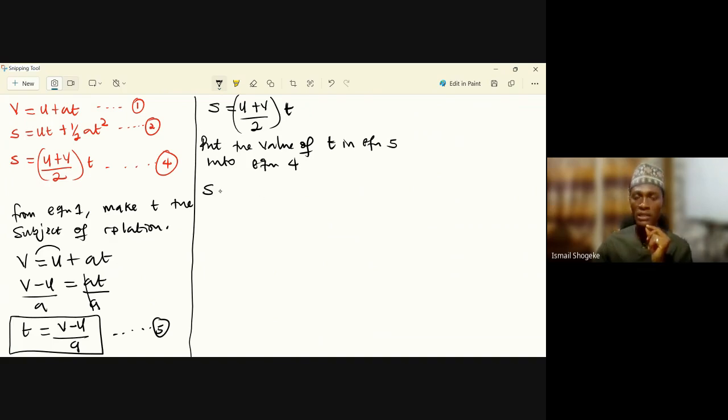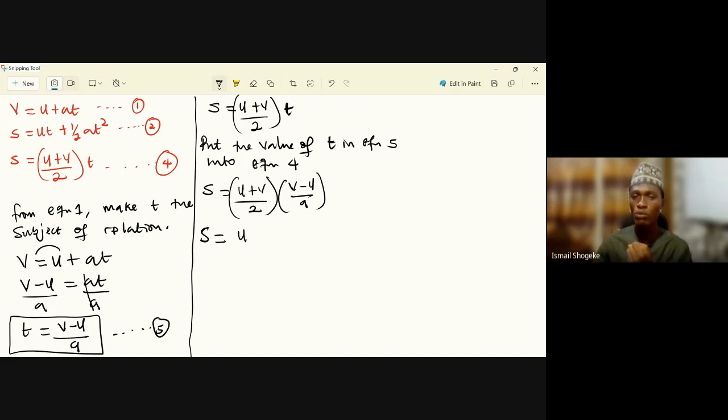So we say S equals (U plus V) over 2. Instead of writing T, we're going to write the value of what? Of T, which is (V minus U) over A. Now in mathematics, when we have numerators over denominators, we have fractions. To multiply fractions together, we need to multiply the numerators together.